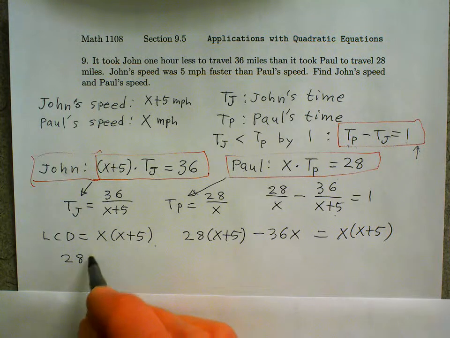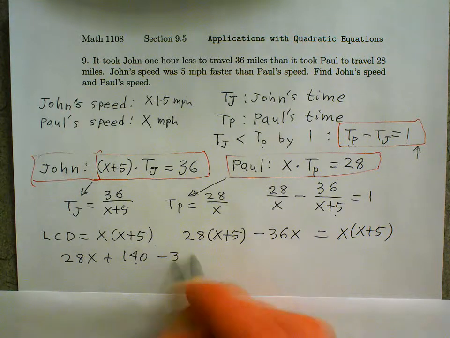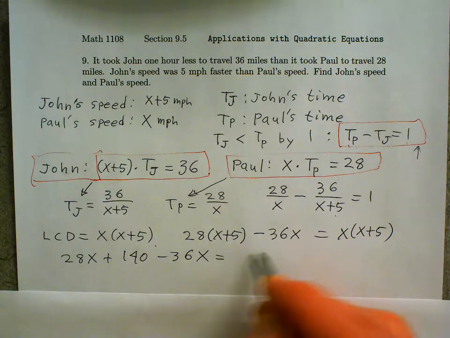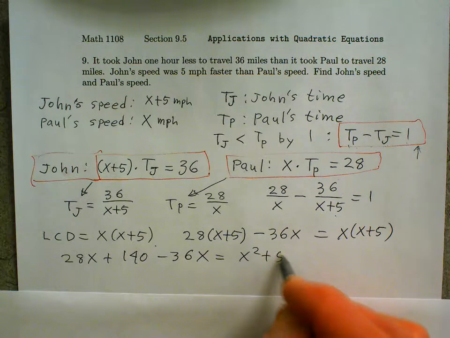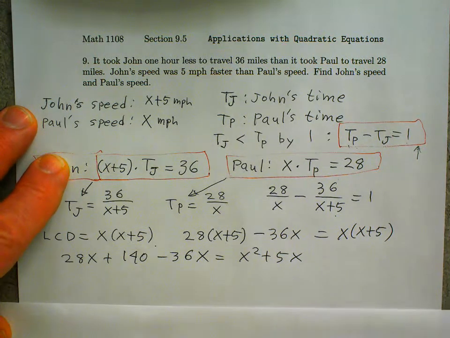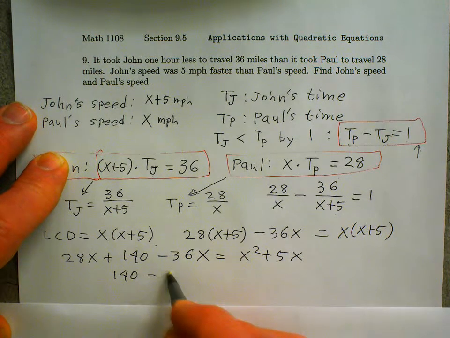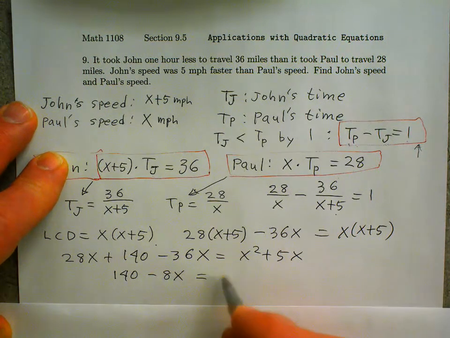So 28 times x plus 5 is 28x plus 140, and then minus 36x equals x squared plus 5x. On the left-hand side, we get 140 minus 8x equals x squared plus 5x.